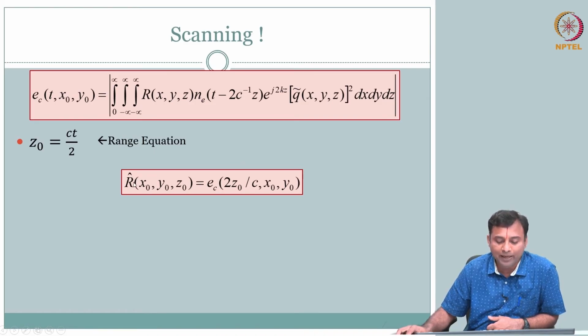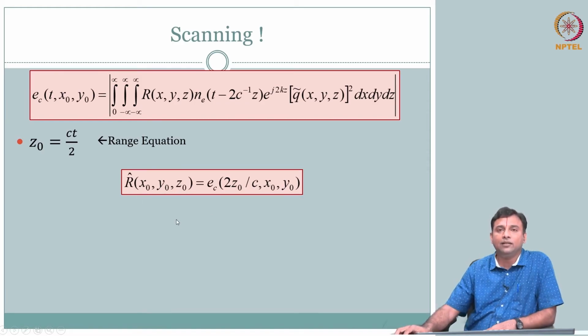What you are estimating at x naught, y naught, z naught is your received signal. So your signal received at 2 z naught by c, comma x naught, comma y naught, at this location, whatever you are receiving, you call it R hat of x naught, y naught, z naught. What does this mean?